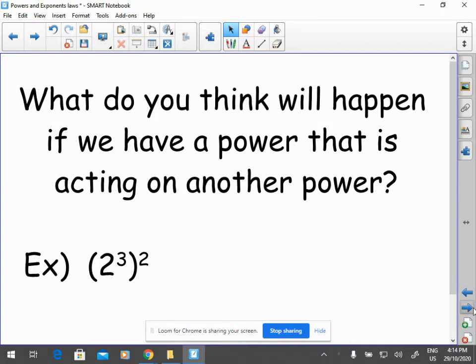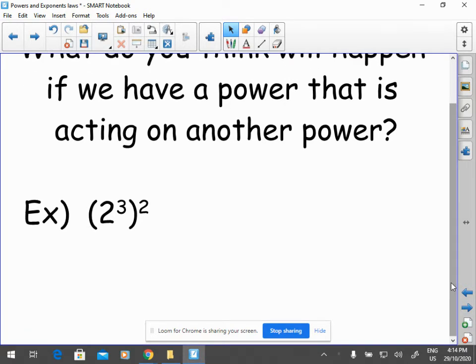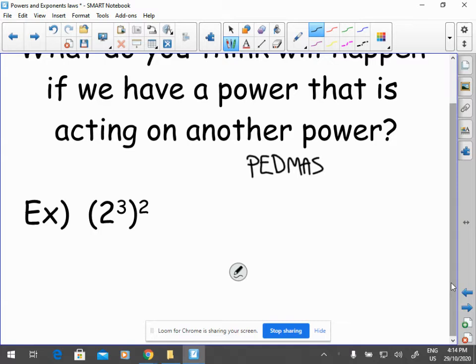What do you think will happen if we have a power that is acting on another power? So if I have something that looks like this, thinking about what you know, what does this actually mean? In the past we have all been using order of operations, which means that we need to solve what's in the brackets or parentheses first.